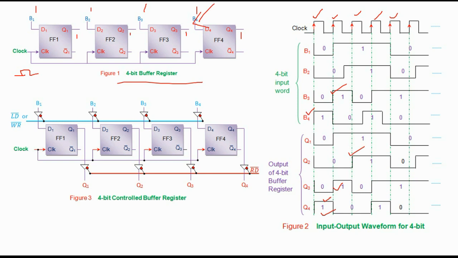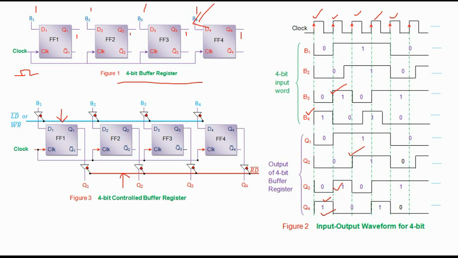So to control the inputs and outputs, you need an additional requirement. This blue line is called load or write. This red line is called read.